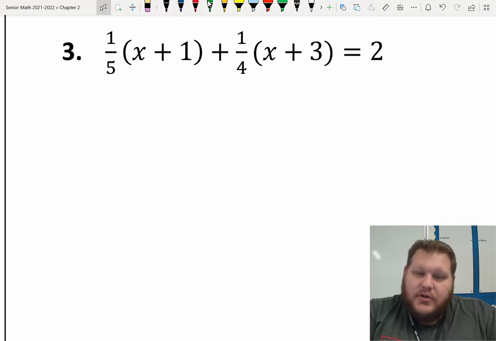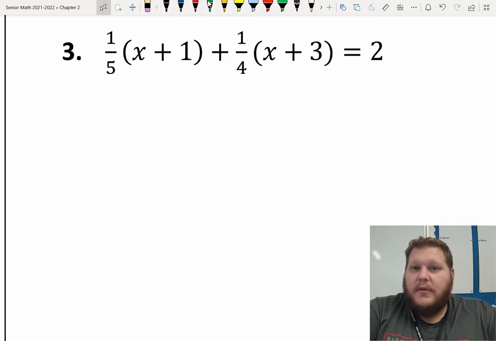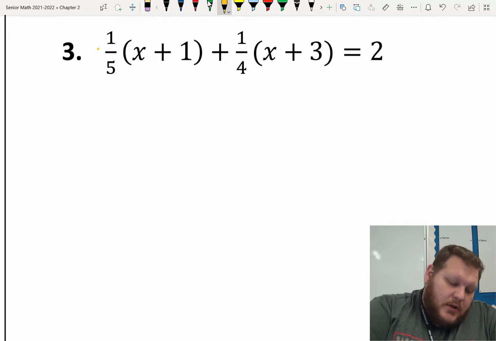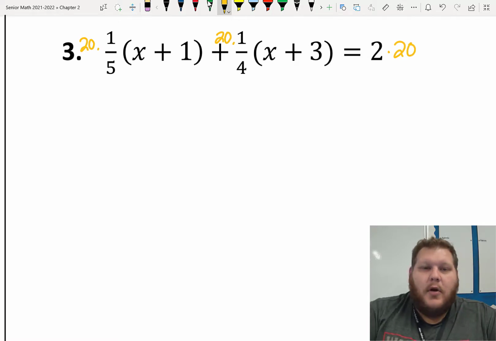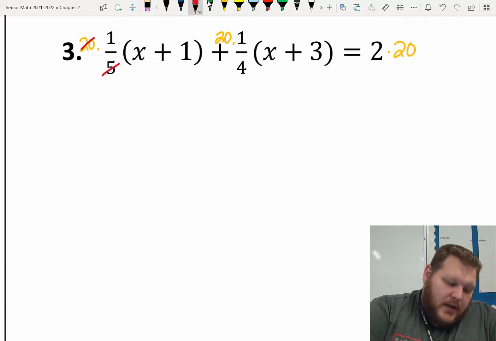So I only have 2 denominators in this problem, 2 fractions. So 5 and 4, the least common denominator between those two would just be 20, the smallest number that both of them go into. So I'm going to multiply all 3 of my terms times 20, all the way through my equation. So 20 and 5 reduce to a 4. 20 and 4 reduce to a 5.